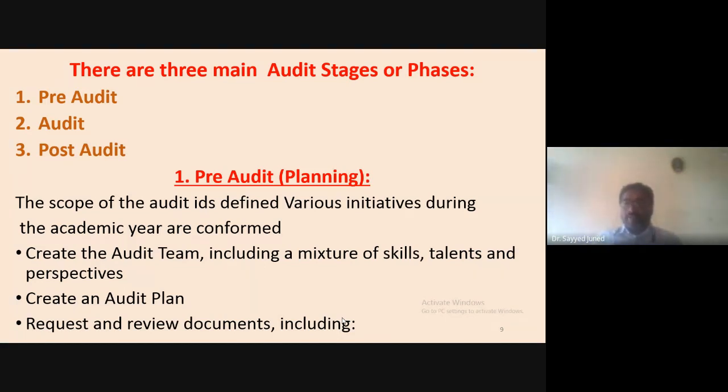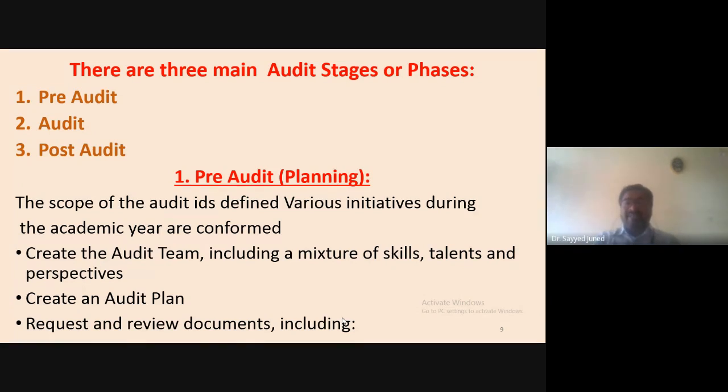Create an audit plan. So the second one is to create an audit plan. This committee creates a plan for academic year 2020, 22 and 23. In this year, we chalk out the plan: what we want to do in this academic year, or what performance we are doing in this year. Okay.